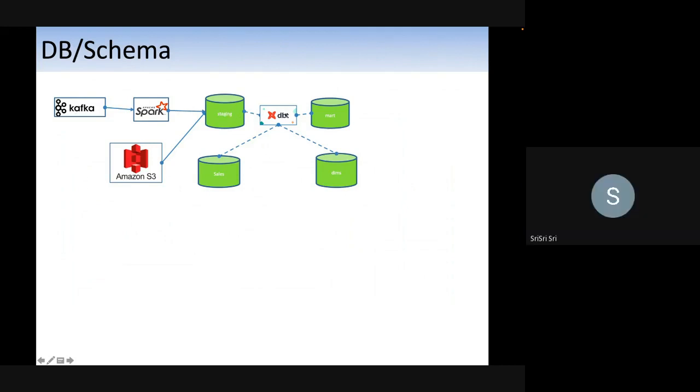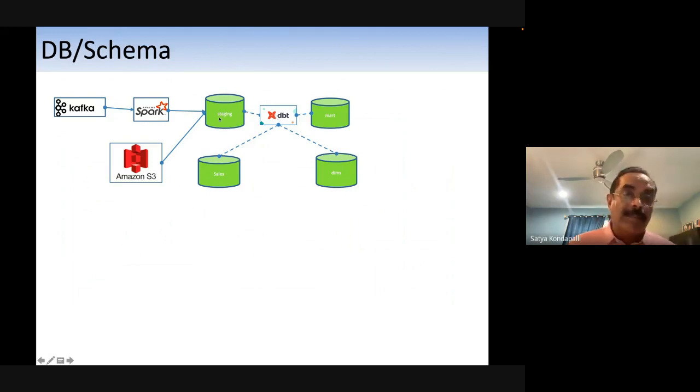Right, and hold on. DBT might also be creating some lookup tables in the staging area. So this database is built by Kafka, this database by S3, and some tables by DBT as a seed. Number one, run the seed. Once the seed is done today, you're not going to run the DBT seed again.